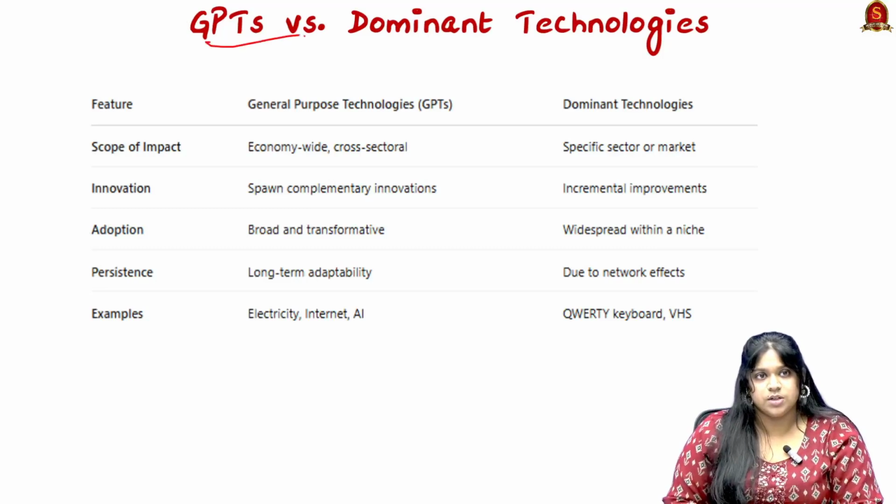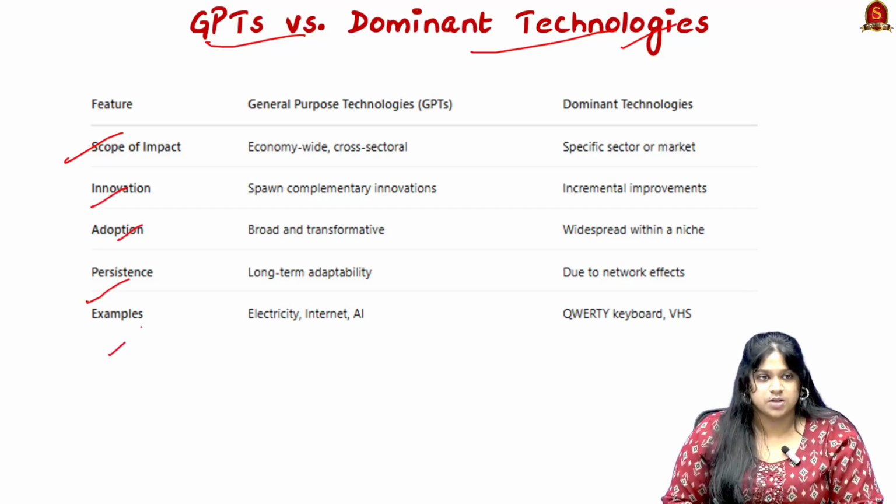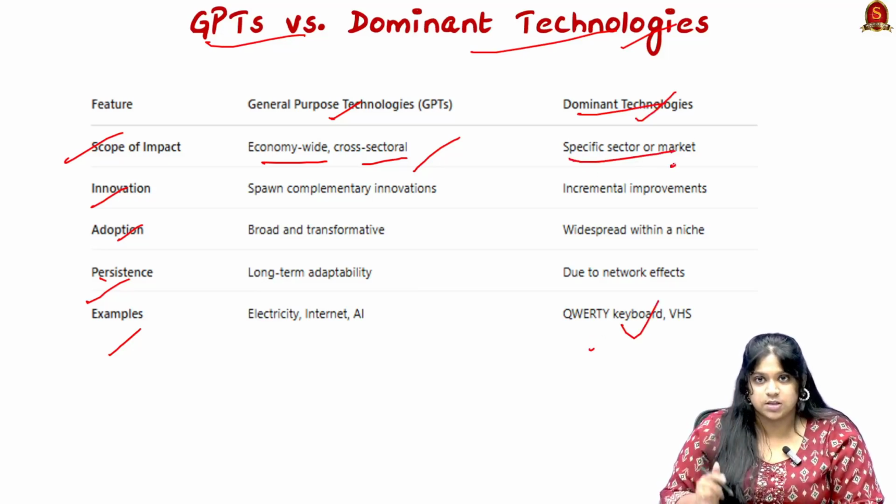Looking into GPTs versus dominant technologies, here we look at the scope of impact, innovation, adaptation, and persistence. When it comes to GPTs, they are economy-wide and cross-sectoral, whereas dominant technologies, for which we can take the keyboard, are specific to certain sectors or markets and certain job requirements.